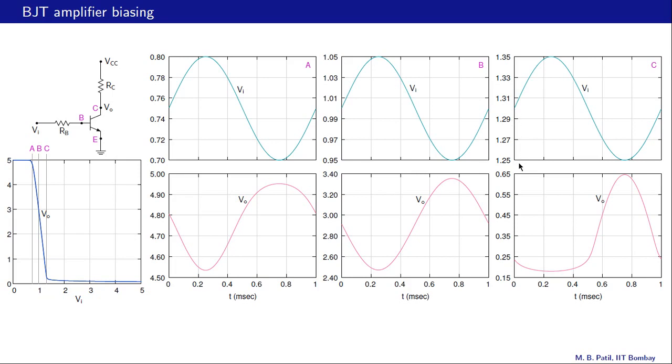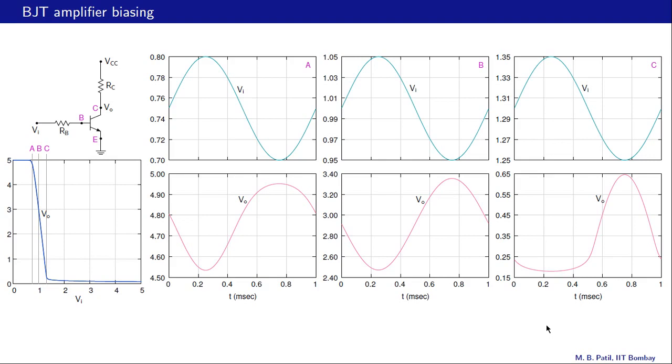It is 1.25 to 1.35, so 0.1 volts peak to peak or 100 millivolts peak to peak. And as a result, the output voltage is again highly distorted, and it's easy to see where that is coming from. The left side of C is now quite different than the right side of C. Here we have some reasonable gain, here the gain is very small, and that is where the distortion is coming from.